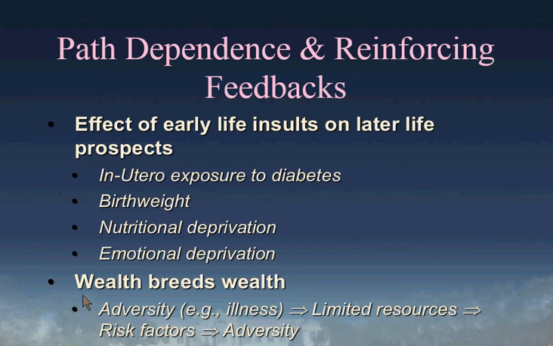Associated with the impacts of these interventions is this effective path dependence of reinforcing feedbacks. And I pointed earlier to an example of this, the effects of early life insults and later life prospects. The fact that what happened to me 30 years ago is not merely forgotten in the hustle and bustle of all my later experience, but rather it has a persistent impact on my trajectory through life.